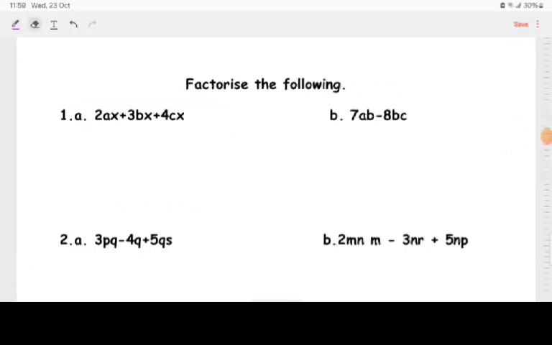Let's factorize a few more expressions. So here we have 2A, which can be factorized as 2 into A. We have 3BX, factorized as 3 into B into X. 4CX, which can be factorized into, I'll keep it 4 over here instead of breaking it down into its prime numbers.